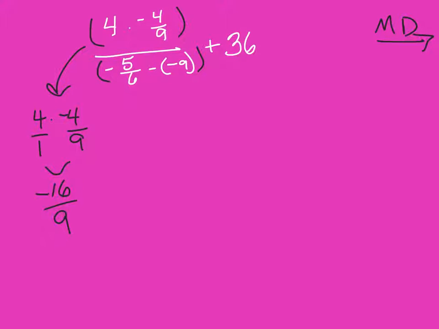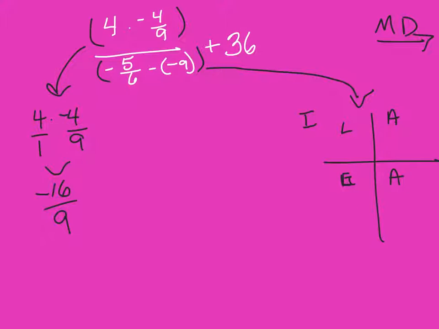I'm going to actually take this over here so I can set up my graphic organizer. I love eating, that's an E, apples and avocados. So my I, I'm going to bring this right down, so it's going to be -5/6 minus negative 9 over 1.